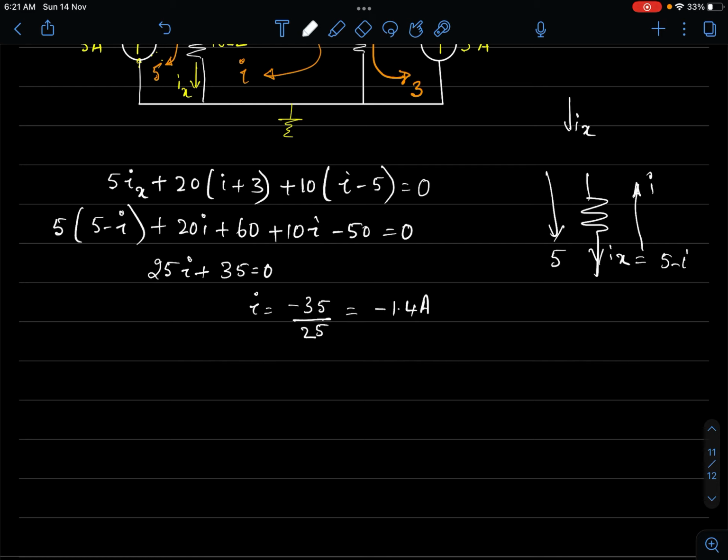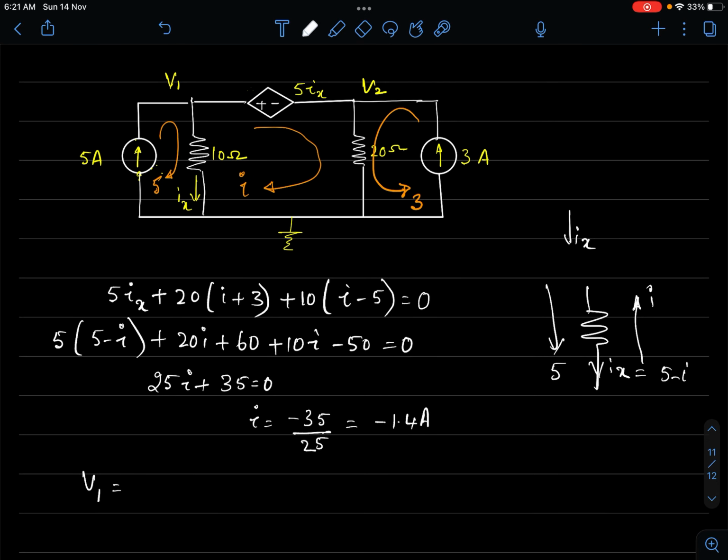So we will directly find V1 and V2. What is V1? Having found I, we'll first find out what is V1. V1 is the potential difference across 10 ohm resistance.